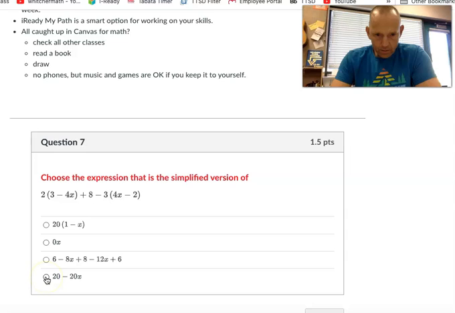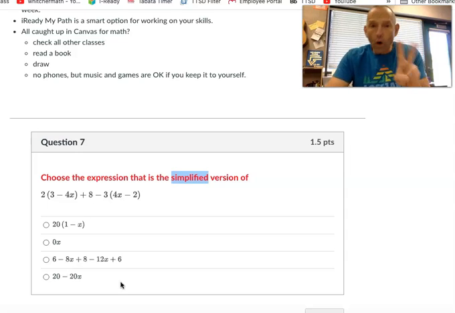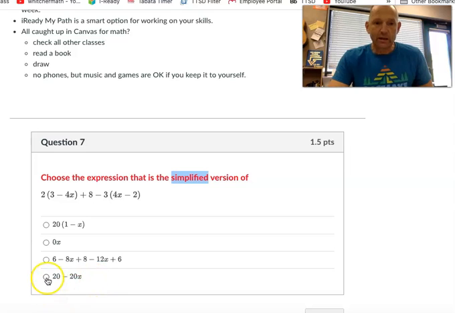This one, 6, 8, and 6. This one's also 20. But I'm looking for the simplified version. The simplest one is the one that will only have one numerical term and one variable term, and we'll include the number 20. So that's this one.